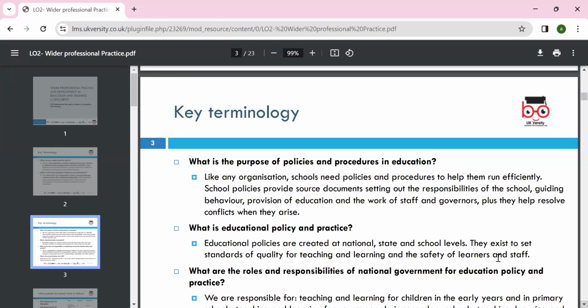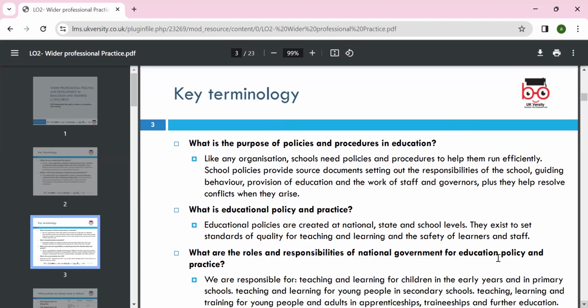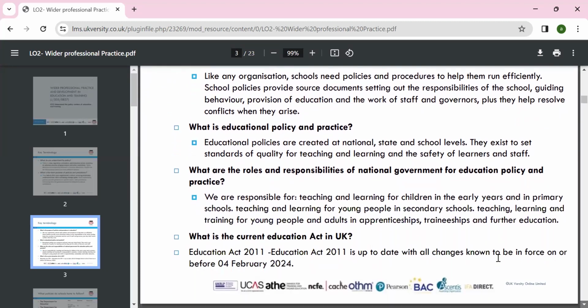These different policies and procedures help organizations run efficiently. School policies are sourced from various documents setting out responsibilities, behaviors, special needs and conflict of interest, and these policies are normally in place.